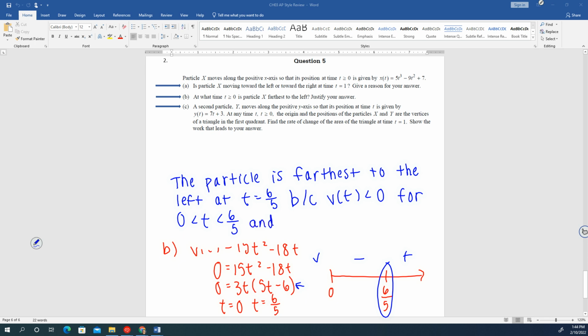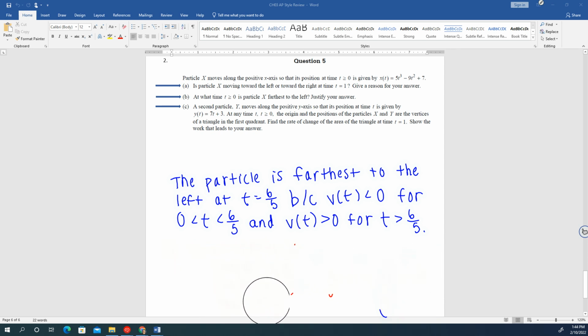And my velocity is positive for everything greater than 6/5. So again, folks, you can write that out in words too. That's fine to justify your answer, but it would also save you time, instead of writing my velocity is negative, to use math symbols, say it's less than 0.